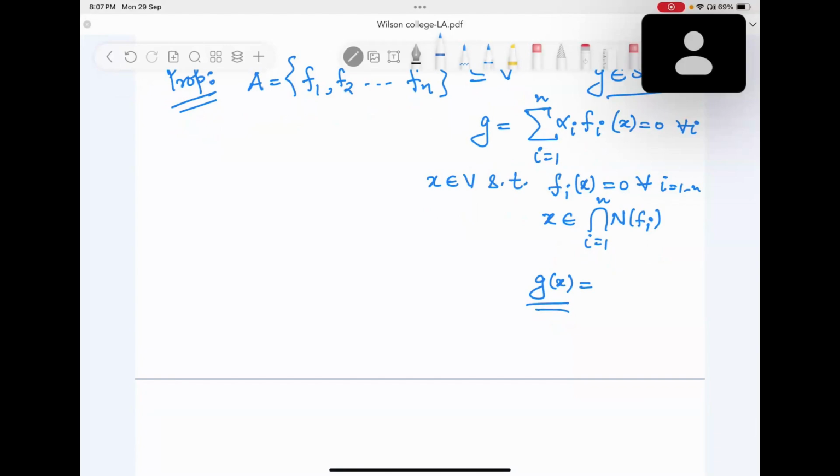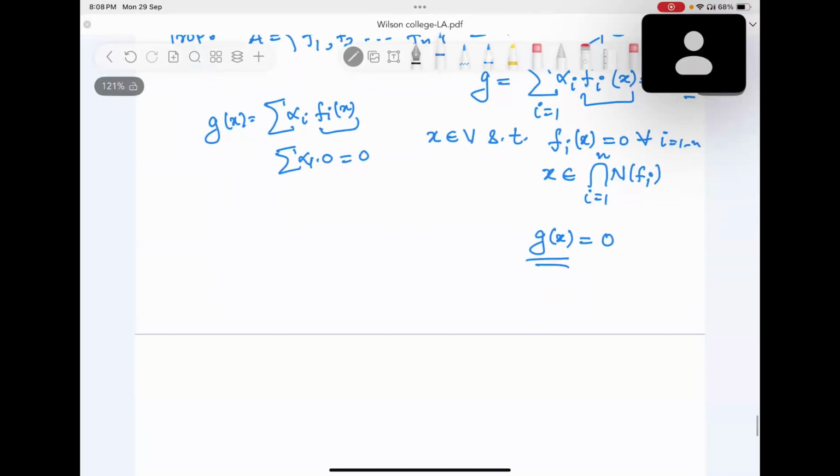So g of x will be the summation of alpha i times fi of x. This is 0, so it is alpha i into 0. So it will be 0. So x belongs to the null space of g.